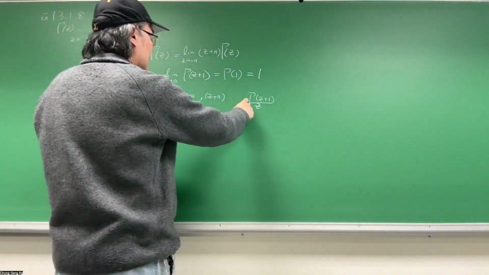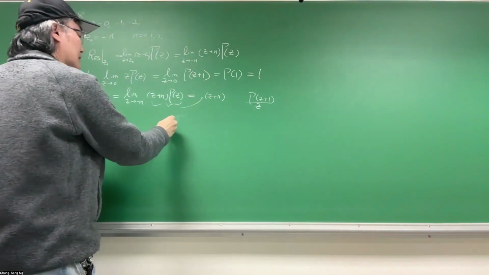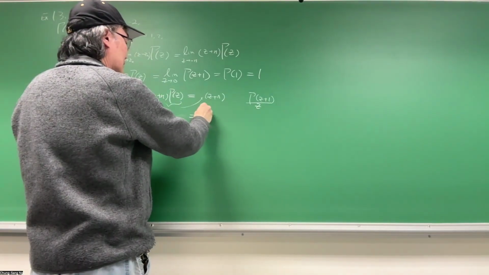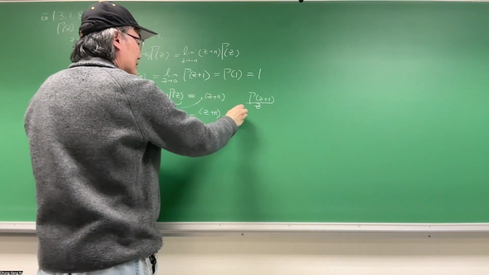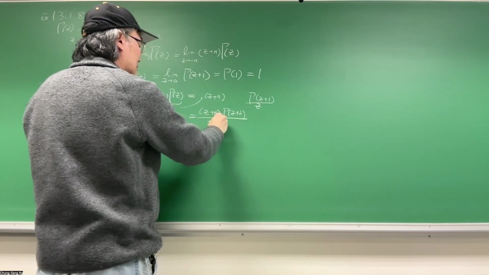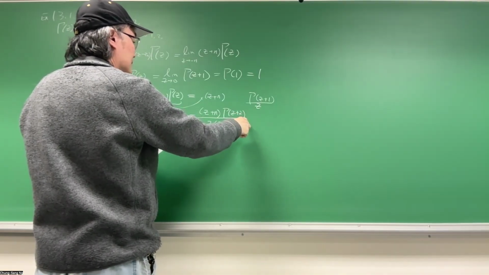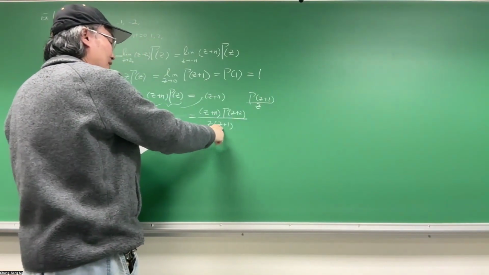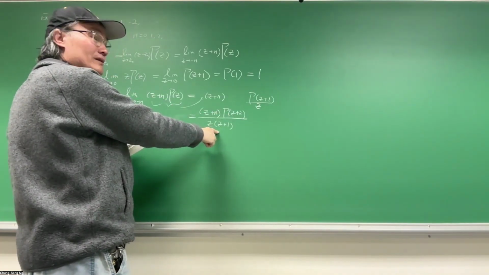The idea is you keep doing that. Gamma z plus 1 times z plus 1 is gamma z plus 2, so I express gamma z plus 1 as gamma z plus 2 divided by z plus 1, right?